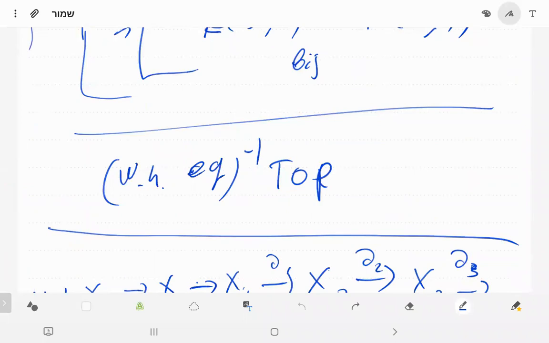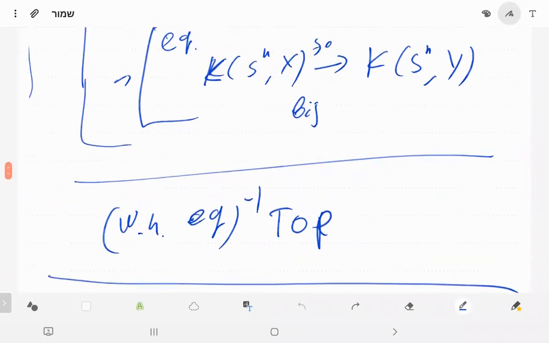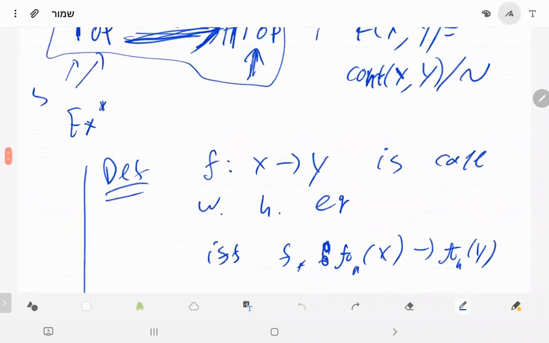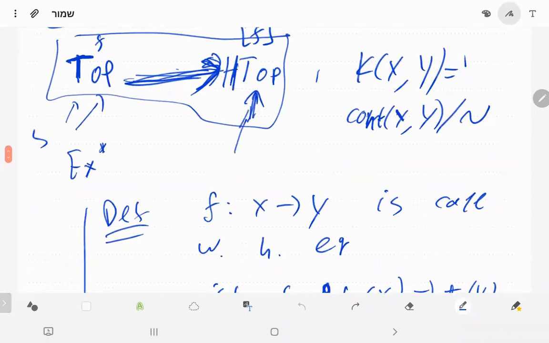Because if you see what happens here, for example, when you talk about homotopy theory, the homotopy category, we said that we identify two morphisms whenever they are homotopic. But when you see this definition from the point of view of category theory, there is some problem with it. Because the fact that two continuous maps are homotopic is not just something that can be true or false. When it's true, there is some homotopy that proves that it's true.